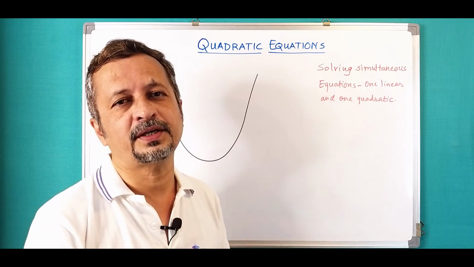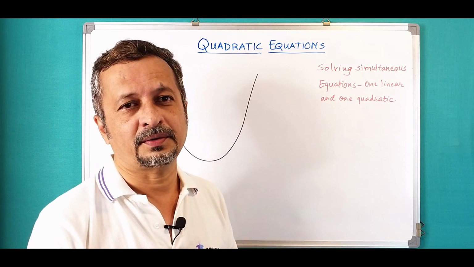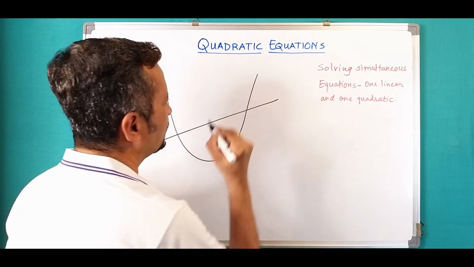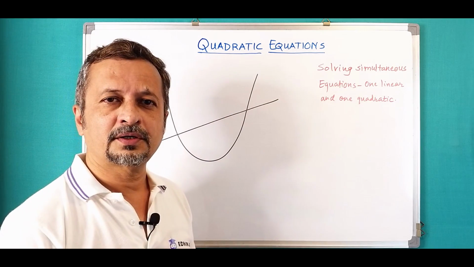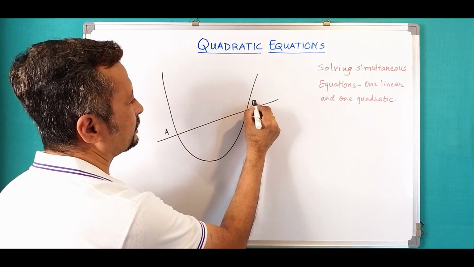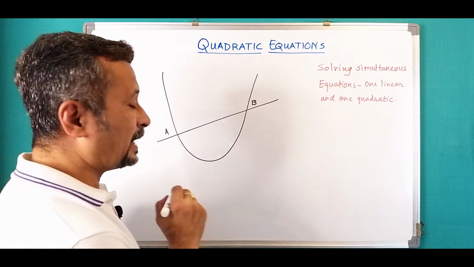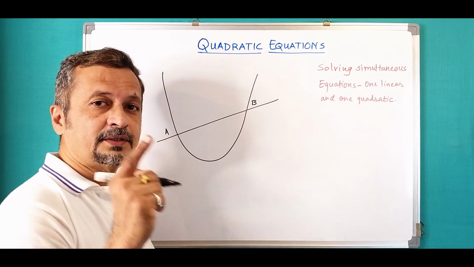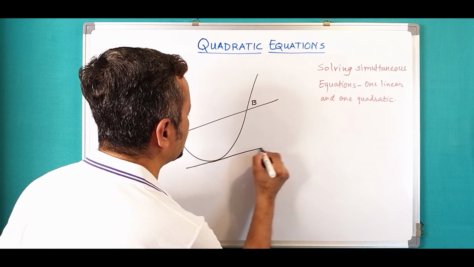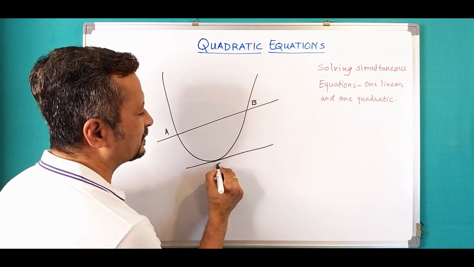In how many ways can you have this scenario? The line can cut the curve in 2 points, let us say point A and point B here. The line may cut this curve at only one point, so maybe this point C here.